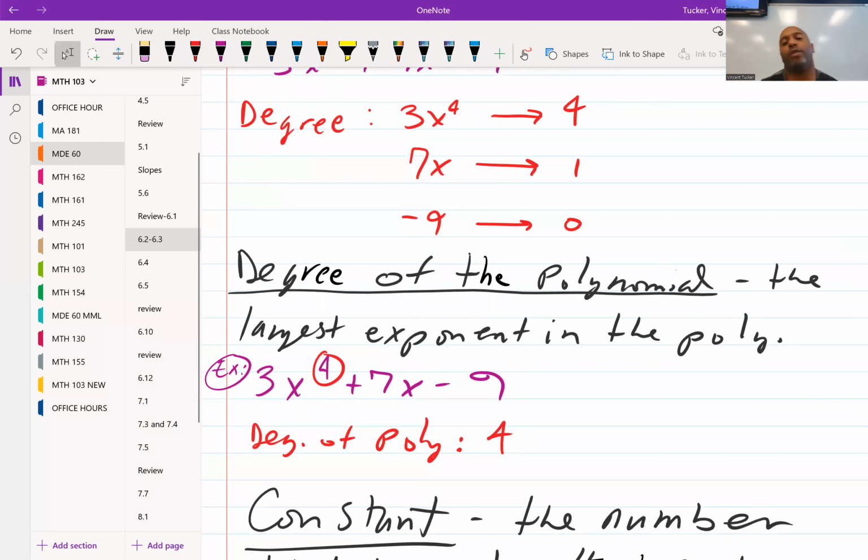Then the degree of the polynomial is the largest exponent in the polynomial. So in this case, the degree of the polynomial will be 4.